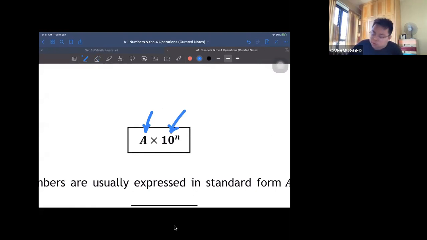Let me give you a demonstration. What is 100? 1 times 10 to the power of 2, because the power 2 tells you how many zeros you're going to add on to this 1. For 1000, 1 times 10 to the power of 3. How about 0.1?